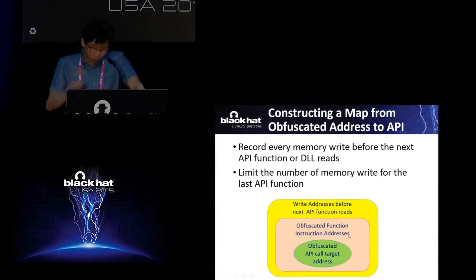So we need to record every memory write before the next API function or DLL reads. And regarding reads, I need to check that the memory read address is contained in some API addresses. And I limited the number of memory writes for the last API function.